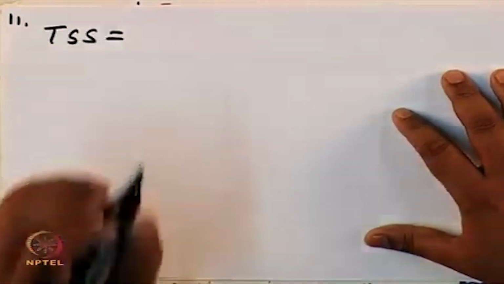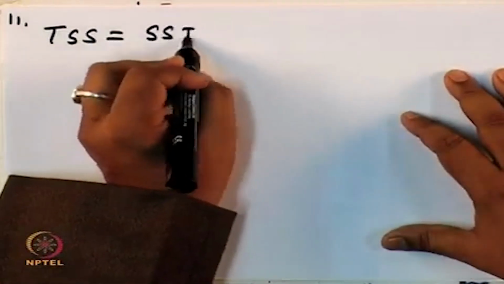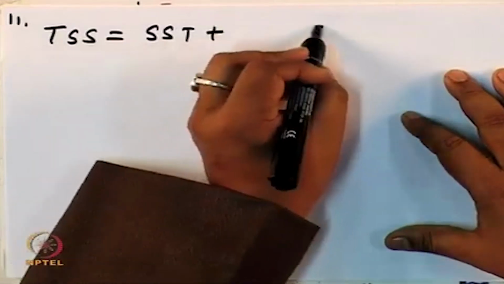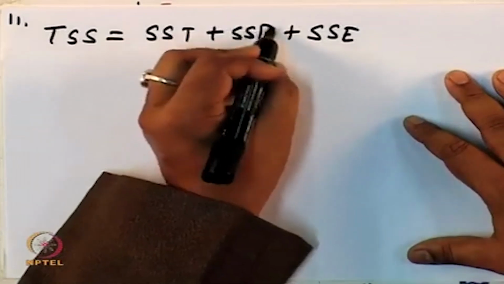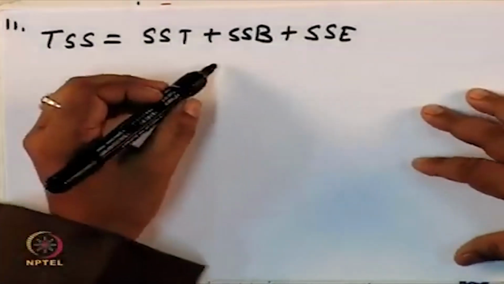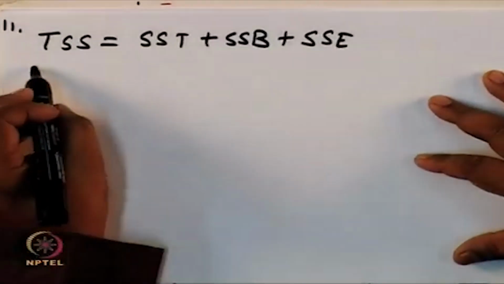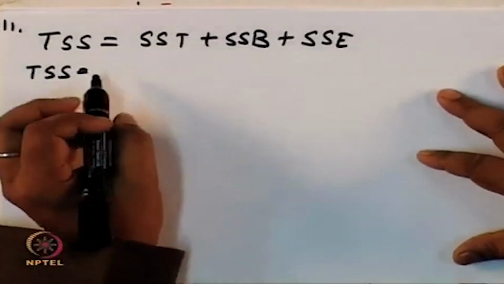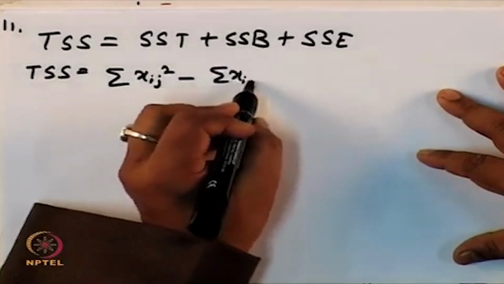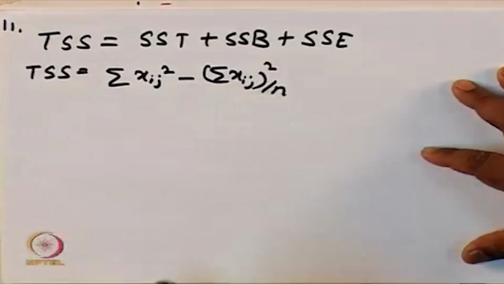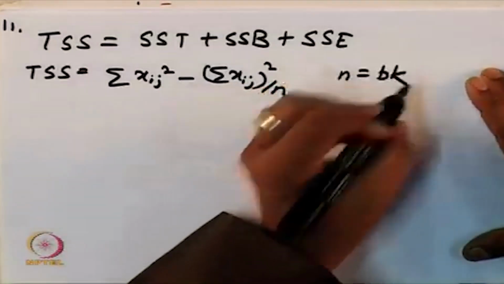So, in this approach, your TSS. Earlier you would write TSS equal to SST plus SSE, but here we have one more term which is SSB, sum of squares of blocks. So, I can write the TSS as before, which is summation of xij square minus summation of xij whole square by n, where n is equal to b times k.